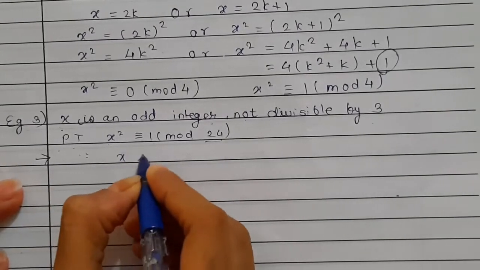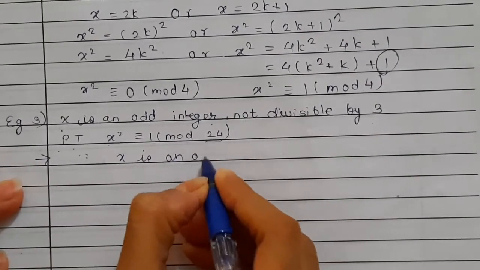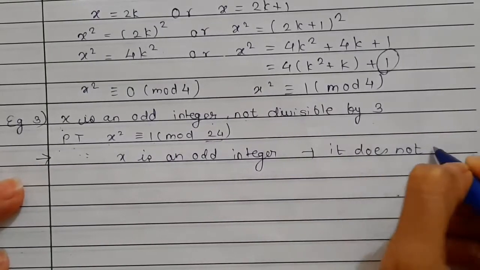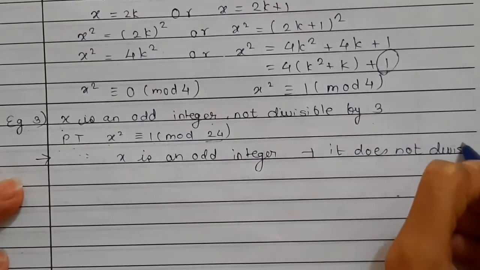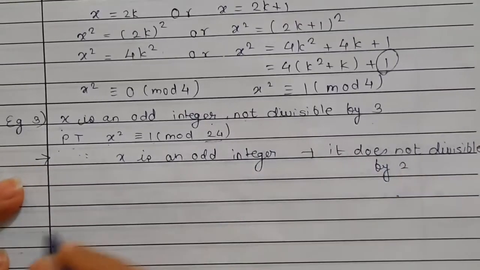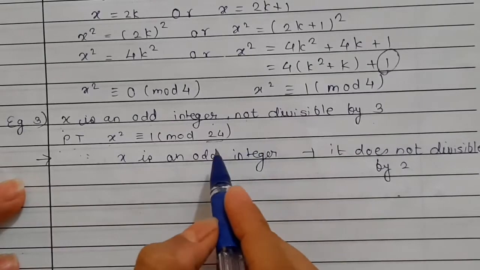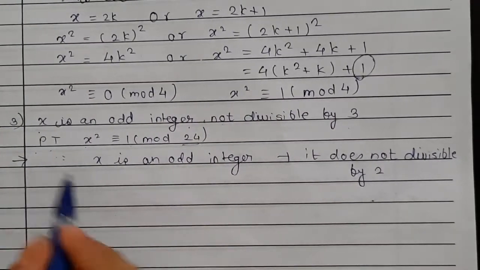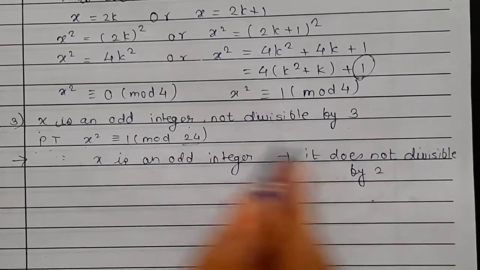Since x is an odd integer, it is not divisible by 2, and we are also given that it is not divisible by 3.